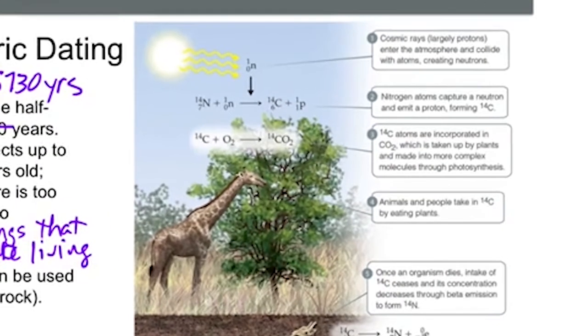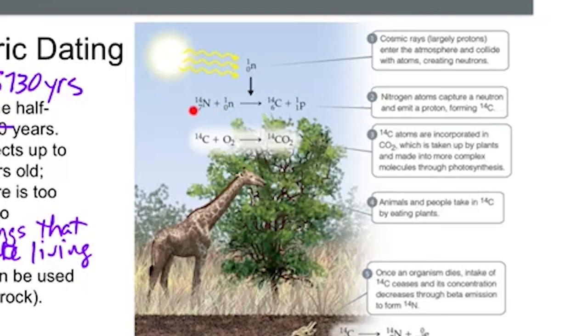This figure takes us through the process of how carbon-14 exists in the atmosphere, how it's produced, how it's consumed by plants and animals, and what that means. So basically what happens is cosmic rays collide with atoms in the atmosphere and create neutrons.